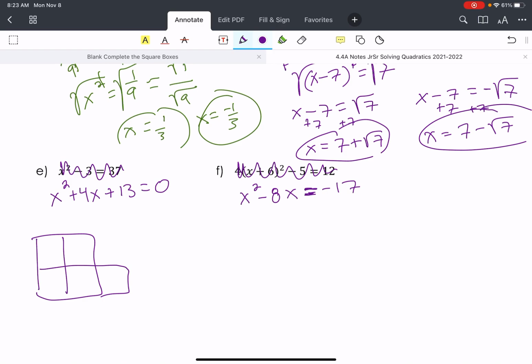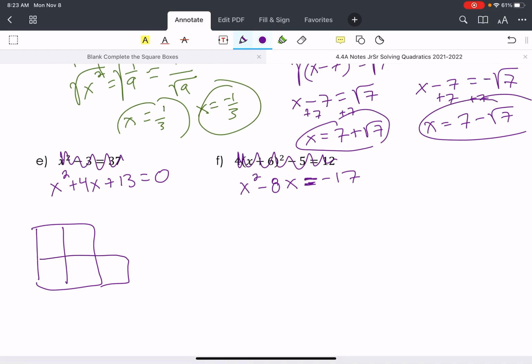Anybody remember where I start? You're thinking factoring. So completing the square, where do I start? Nope, you're thinking factoring. It's okay. Yeah, Cheyenne? Okay, x squared here.